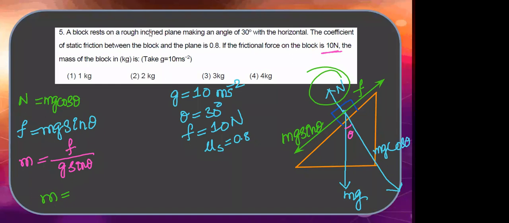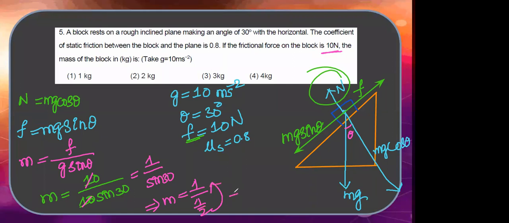m is equal to F divided by g sin theta. F is the frictional force that is acting, which is 10. So 10 divided by g, taken as 10, into sin 30. Both numerator and denominator 10 will get cancelled. That gives 1 by sin 30, which is 1 by 1 by 2.